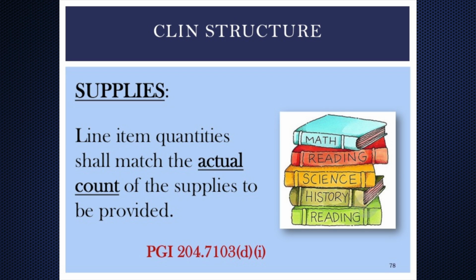To give you an example, for supplies, the line item quantities need to match the actual count of the supplies to be provided. A common thing DoDEA may have done in the past is have a line item that says school supplies, see list, or see attachment 1. Attachment 1 then breaks down all of the supplies, but it's not spelled out in separate CLINs.